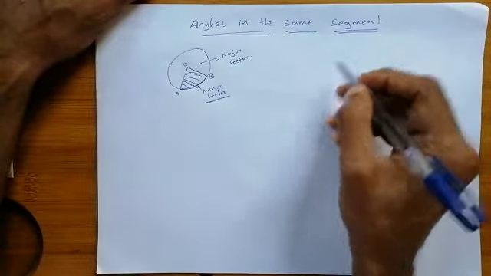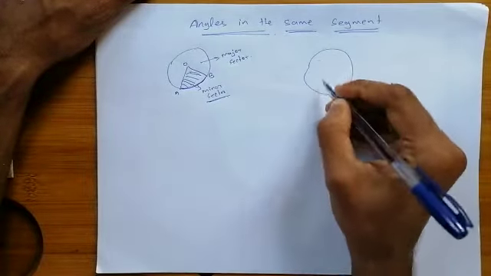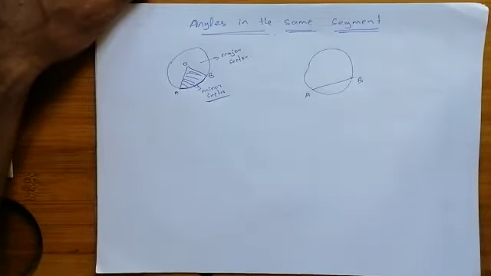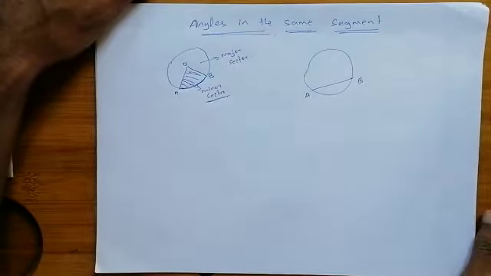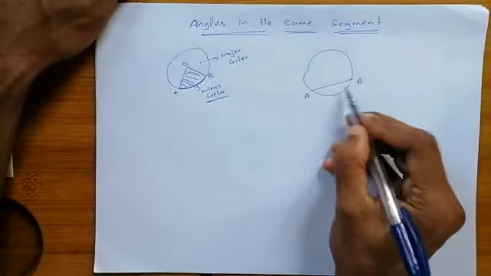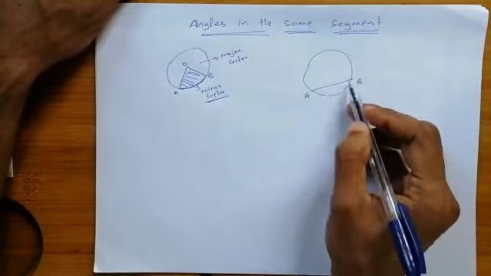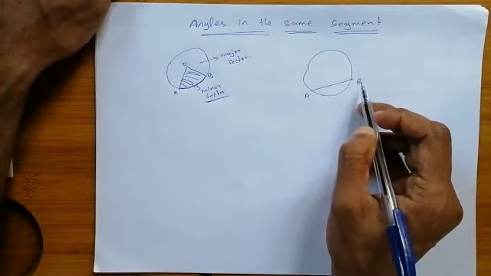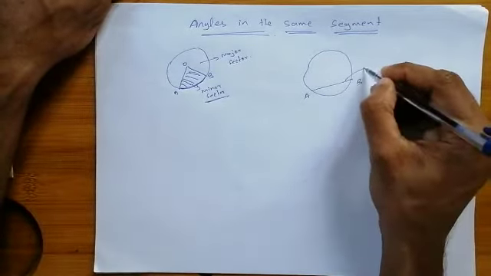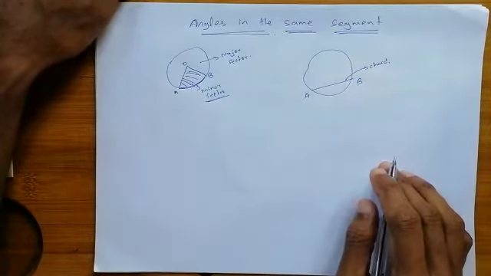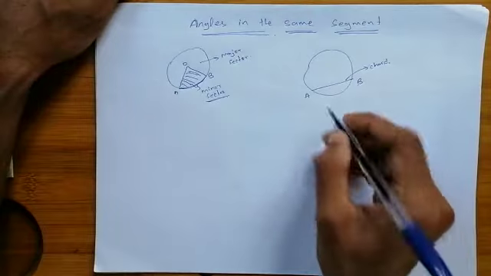So what does segment mean? We already discussed AB. What is the name for AB? AB connects 2 points on the circumference. If 2 points on the circumference of the circle are connected, AB is called a chord. So a chord can also divide a circle into two portions.